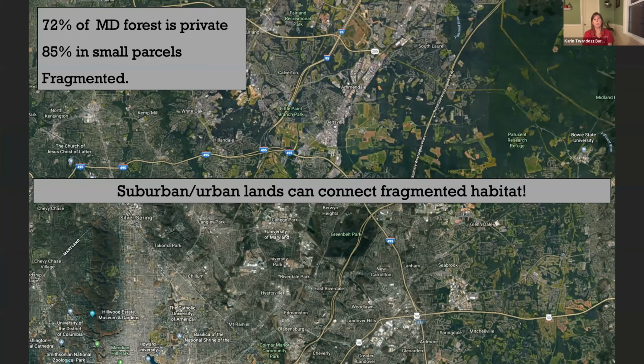And so what I'm going to argue today is that essentially most of the forest in Maryland is private, and it's in small parcels and fragmented. This 27% of land that has been developed isn't going to be going back to forests, but we can actually use those lands to connect these fragmented habitats if we create spaces that are more conducive to the support of biodiversity.